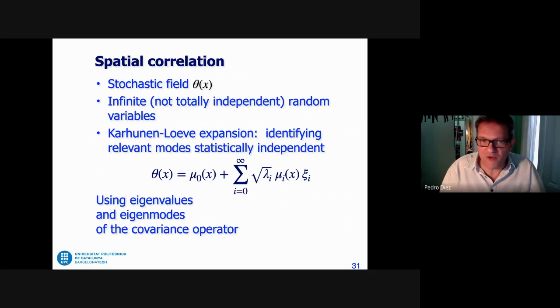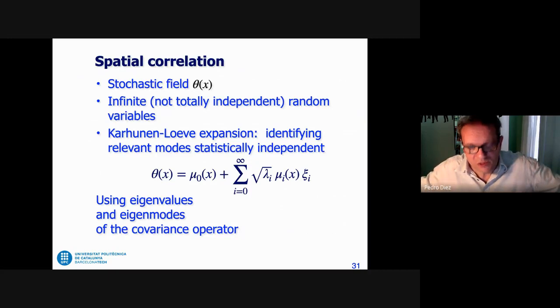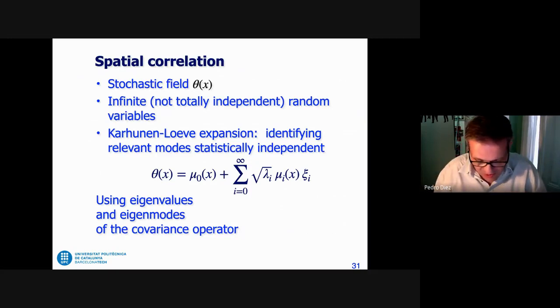They have an internal correlation between different thetas. If you think of theta as the Young modulus of your material, it can be different from point to point, but if the points are close to each other, you expect a correlation, and the correlation is going to fade out as the points are far away from each other.